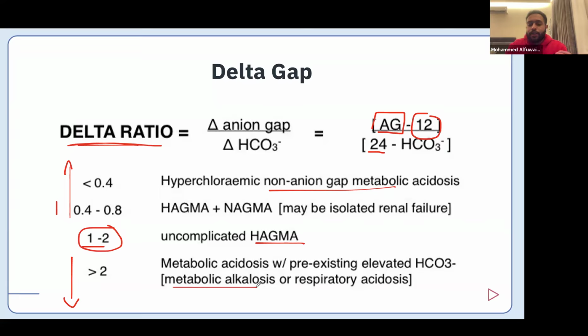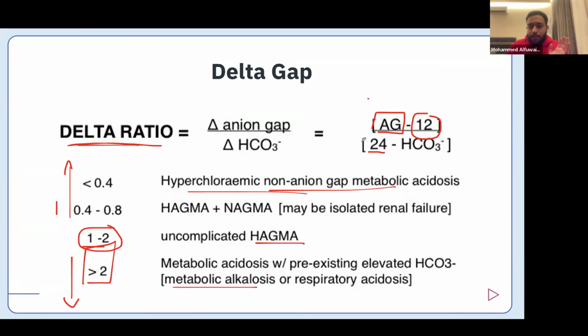I already gave you a scenario for this: a diabetic ketoacidosis patient who's vomiting a lot will have a delta ratio above 2. However, when will non-anion gap metabolic acidosis with high anion gap happen?